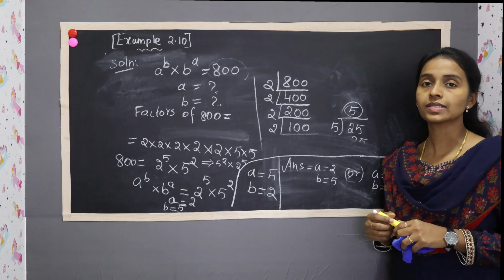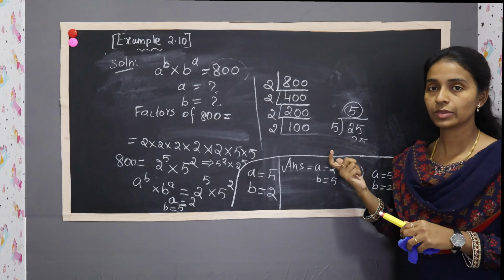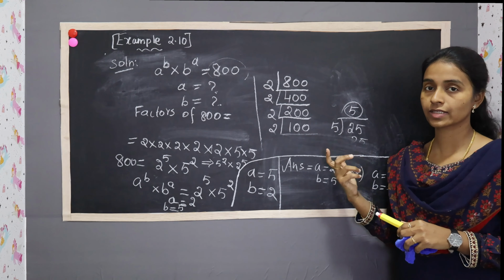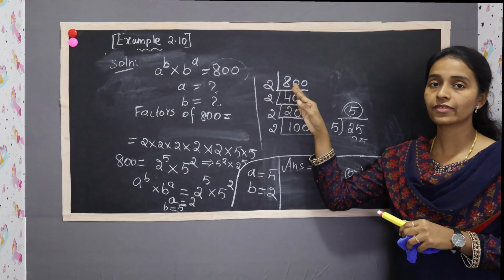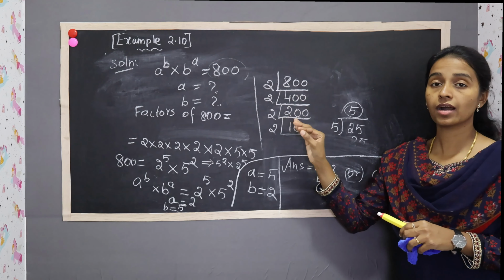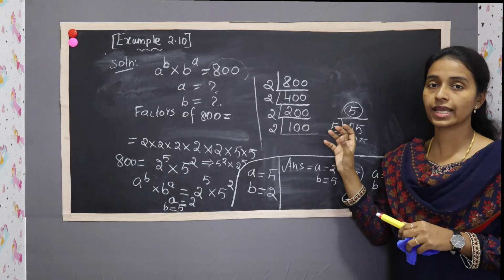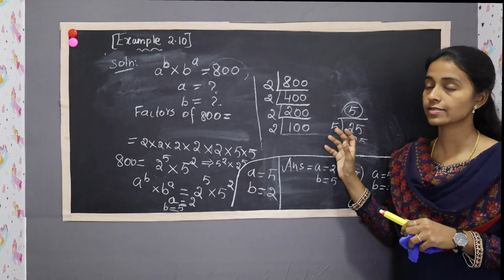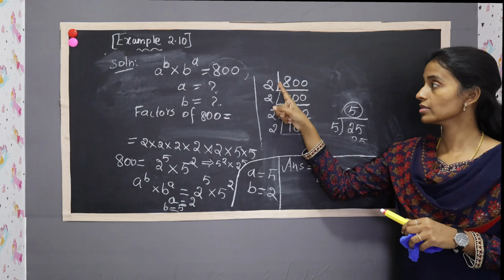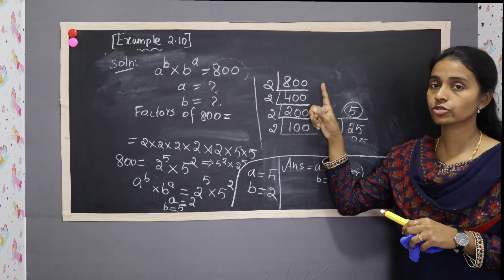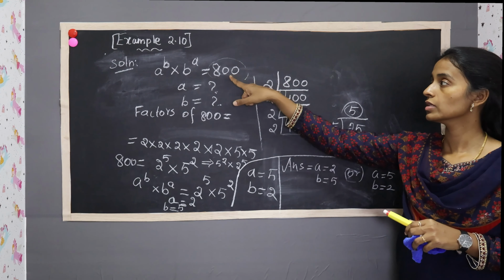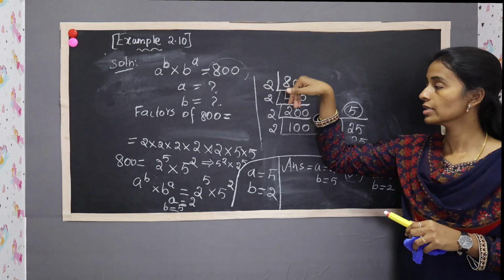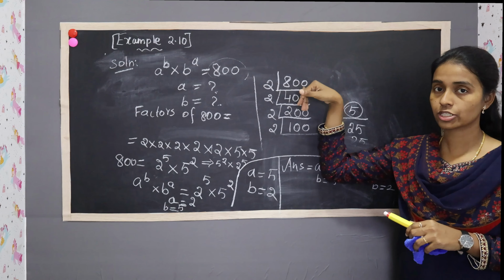This is very simple. This L method is a shortcut for finding the factors of a particular number. Since we have 800, we are using the L method. L method is nothing but drawing the L shape, and you should write the number that needs to be factorized inside of this L shape.